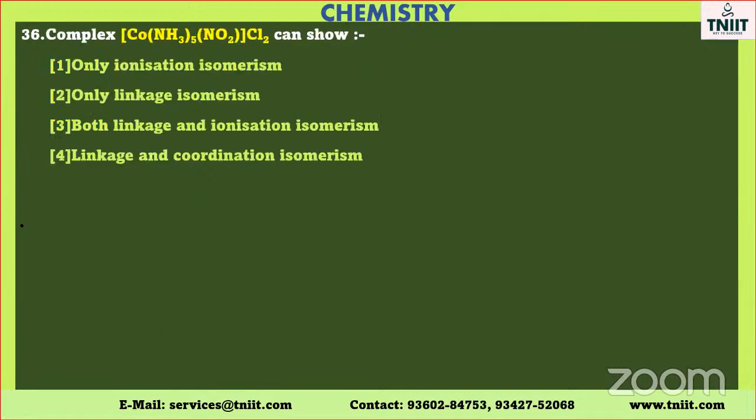Next, complex. The complex given is the cobalt complex, Co(NH3)5 NO2 Cl2. Can show only ionization isomerism, only linkage isomerism, both ionization and linkage isomerism, or linkage and coordination isomerism.